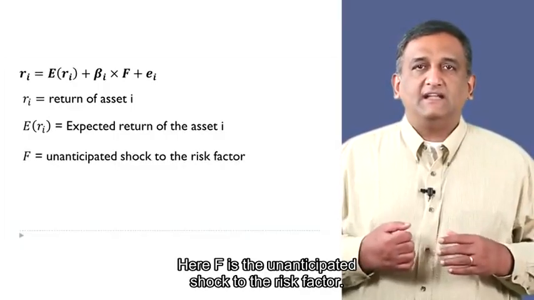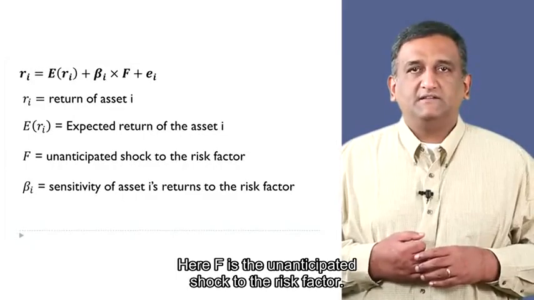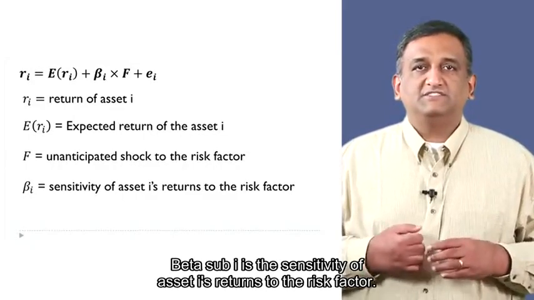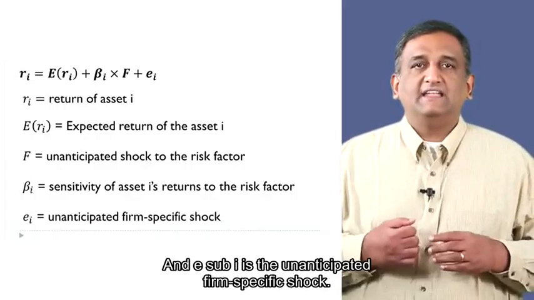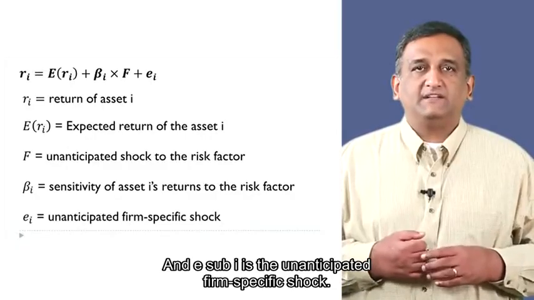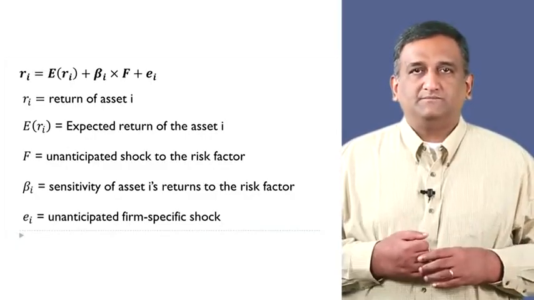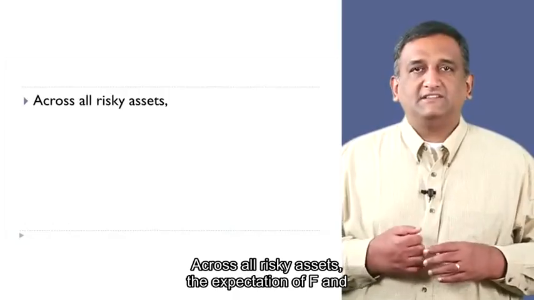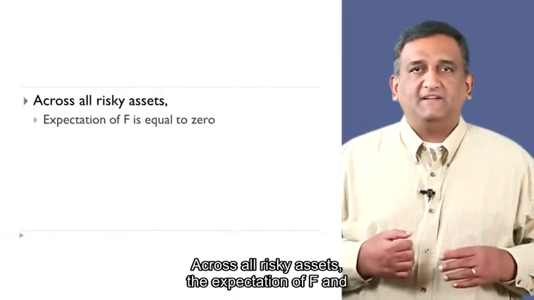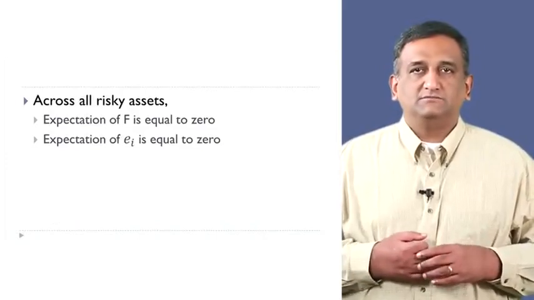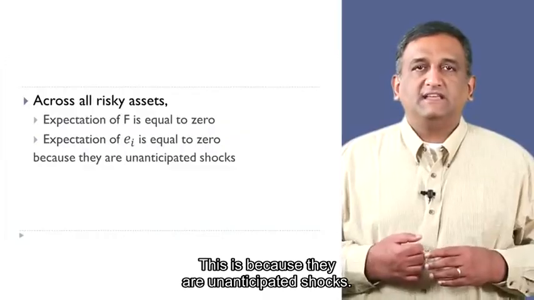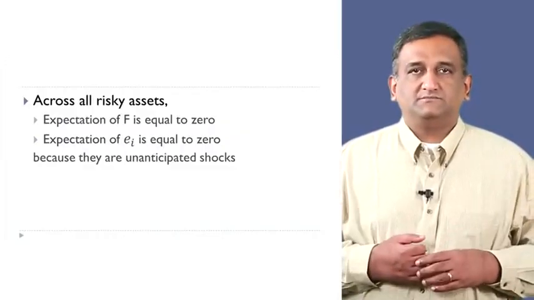Here F is the unanticipated shock to the risk factor, beta_i is the sensitivity of asset i's returns to the risk factor, and e_i is the unanticipated firm-specific shock. Across all risky assets, the expectation of F and the expectation of e_i are both equal to 0. This is because they are unanticipated shocks.